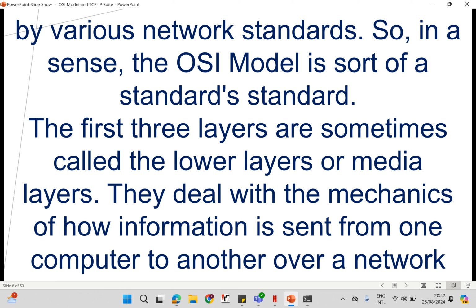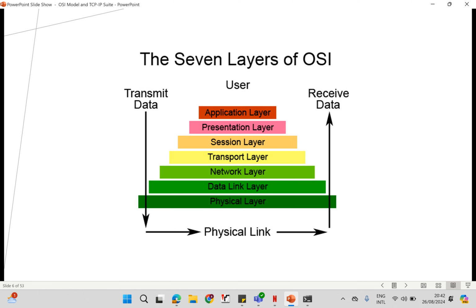The first 3 layers are sometimes called the lower layers or media layers. They deal with the mechanics of how information is sent from one computer to another over a network. The first 3, that's layer 1, layer 2, and layer 3.